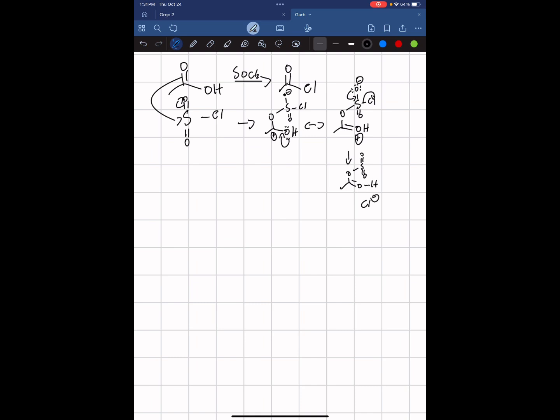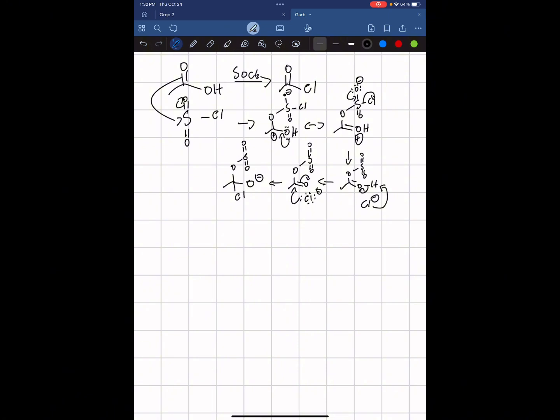And then that same chlorine atom is going to come in and take that hydrogen, making this bond fall back onto the oxygen. Now from here, we created a good leaving group with the sulfur atom attached to the oxygen. Another chlorine atom comes in and attacks that, and then it's going to make the bond fall onto the oxygen, giving you this.